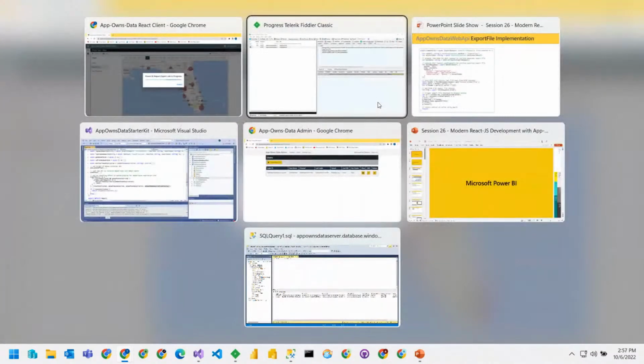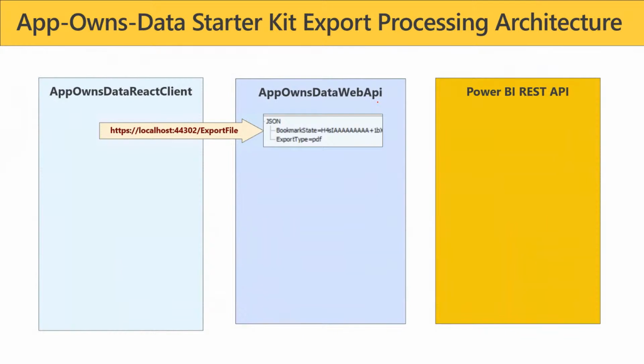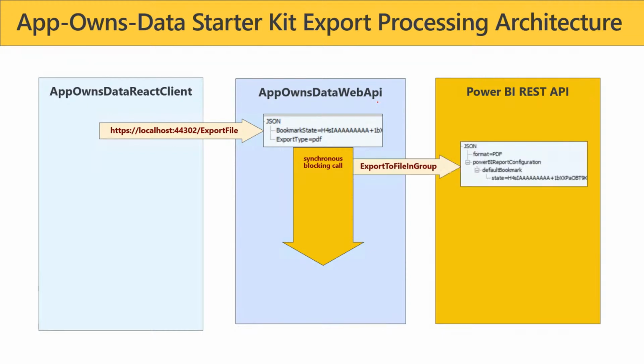While this runs, let me go through a couple more slides. The big picture is that you call export to file from the SPA. It then blocks while it makes a series of calls. If you look at the Power BI REST API, there's an export to file in group, but that doesn't give you back a file. It starts a job. So you have to block in response to the client calling, but then you start the job.